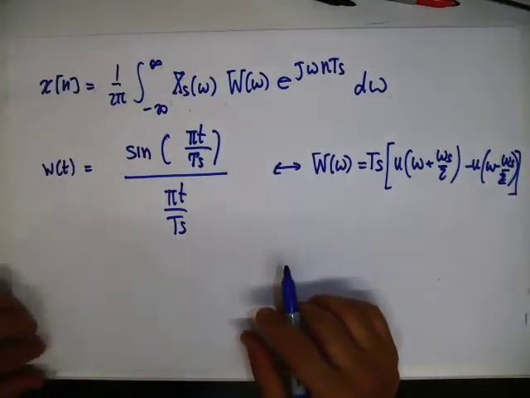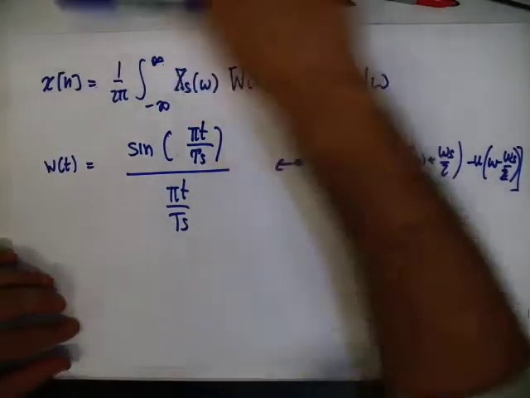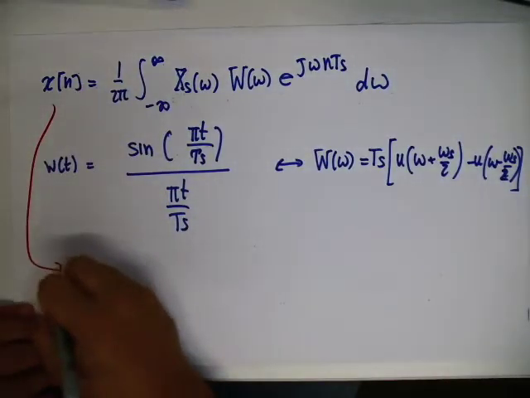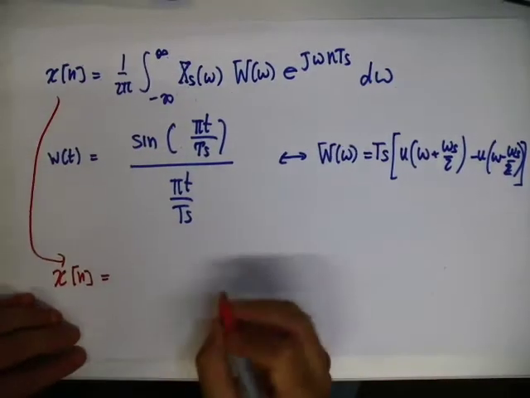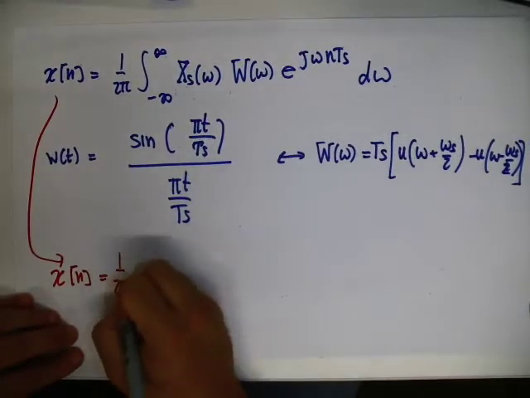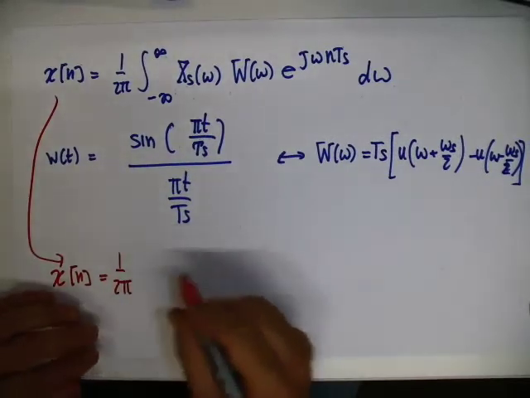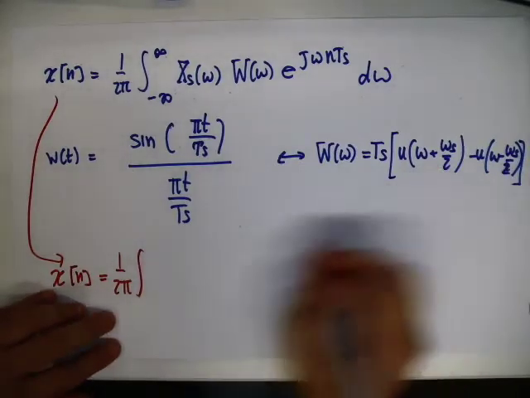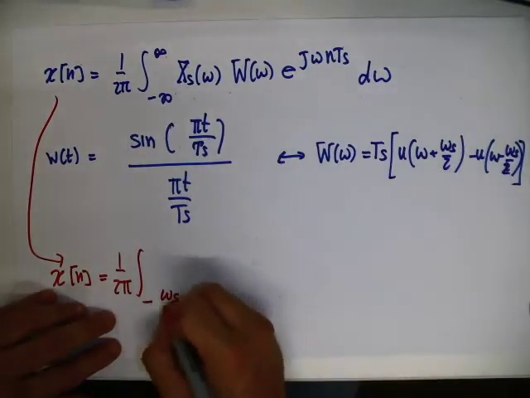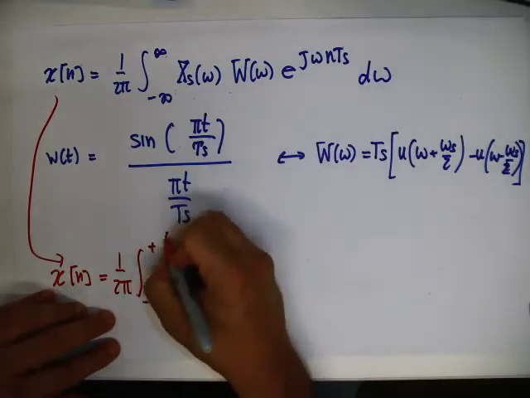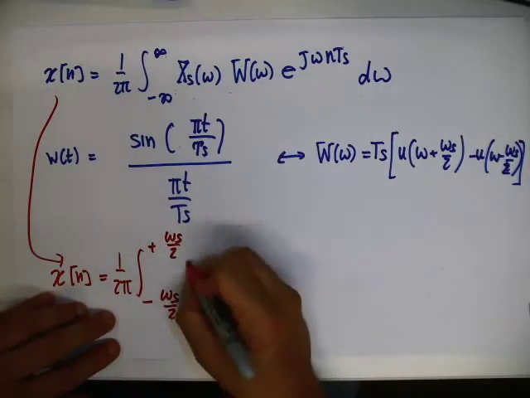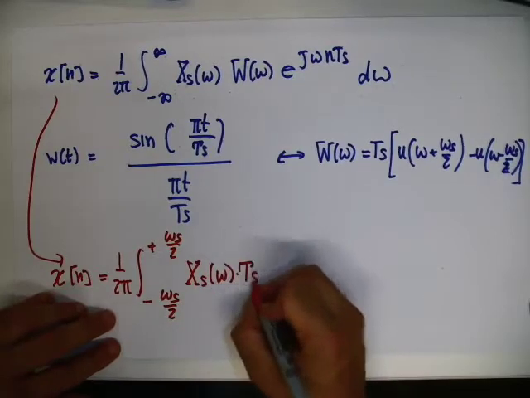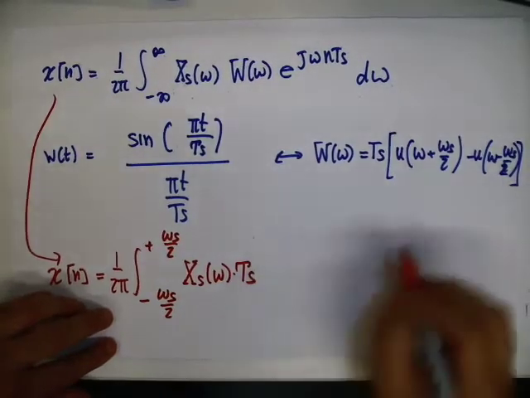And you see that now this integral is pretty easy to do, because x of n is equal to 1 over 2 pi integral between minus omega s divided by 2 and plus omega s divided by 2 of xs of omega times ts.